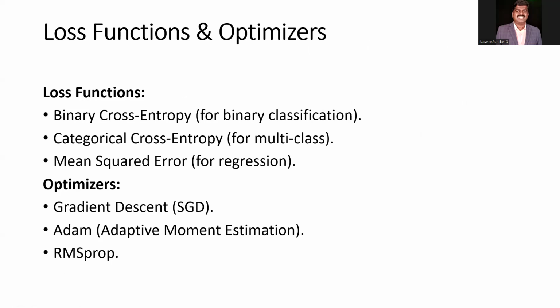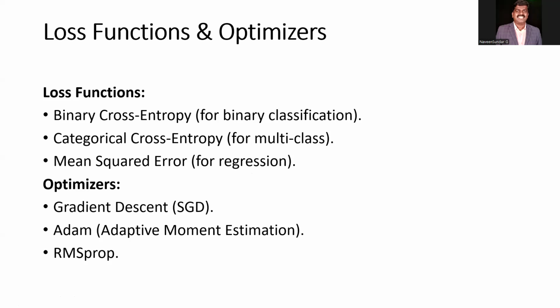The loss function and optimizer will also vary. When it is a binary classification, we go for binary cross entropy. For multi-class, we use categorical cross entropy, and for regression, mean square error. These are the loss functions used to bring back the original.